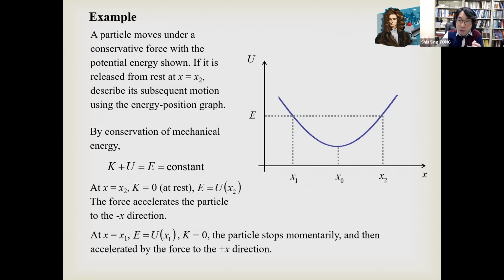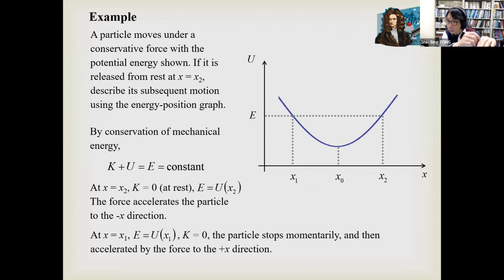By conservation of energy, it will not go to a position that is higher than its initial position. Even if there's no energy loss, the highest position that the marble can reach is at the same level as its original position. So it goes to the other side, but only to the point where it is at the same vertical level as the original position.